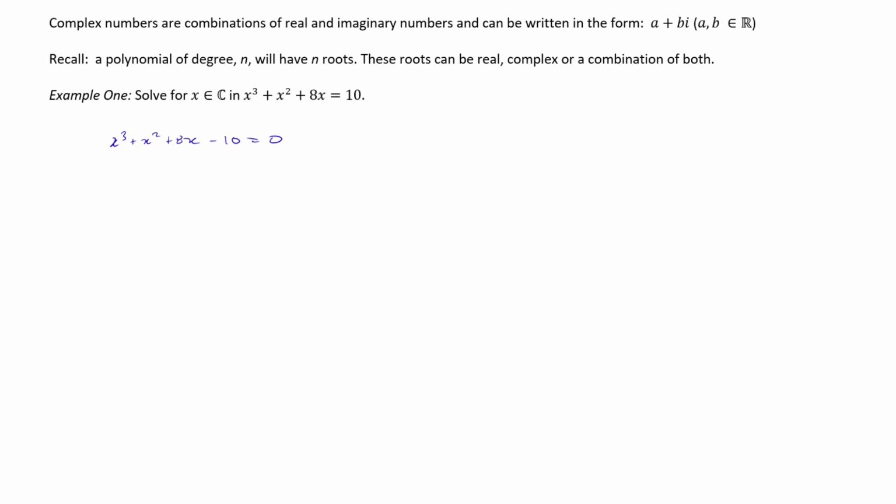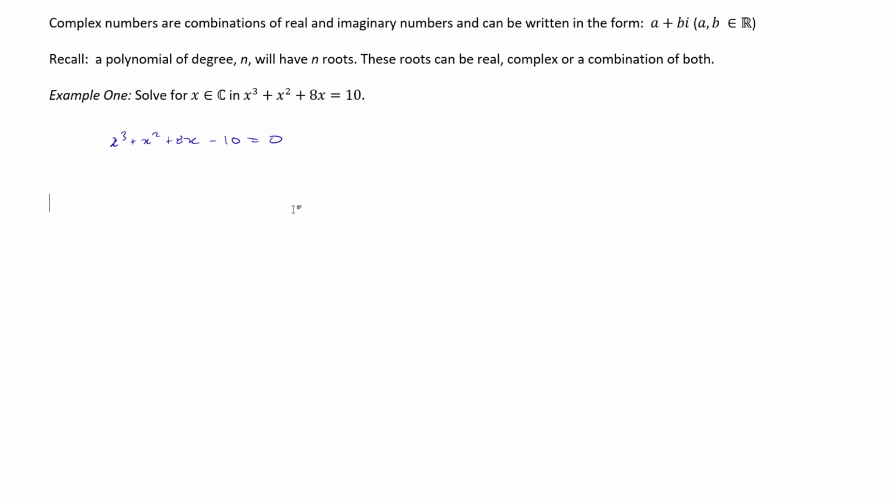Well, 1 cubed is 1. 1 squared is 1. And 8 times 1 is 8. So 1 plus 1 plus 8 is positive 10. So this portion right here is positive 10, and then we get positive 10 minus 10.